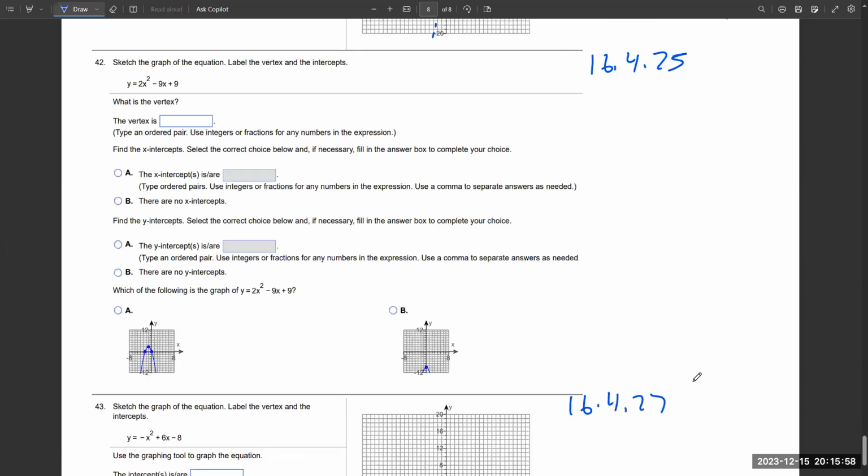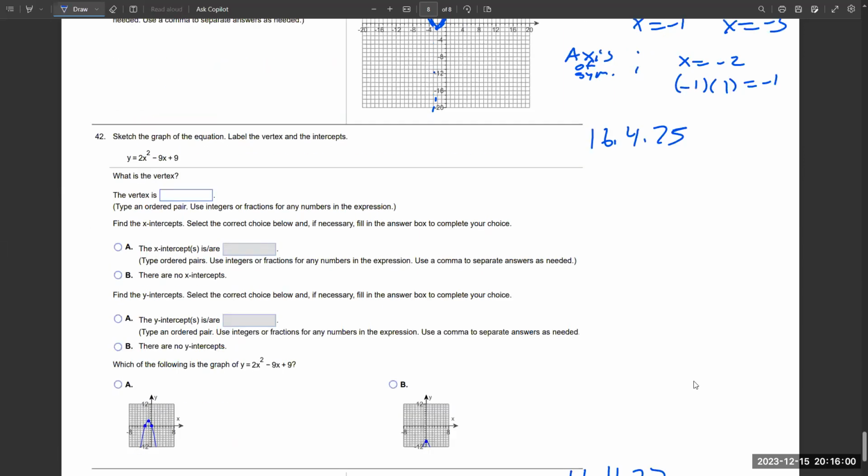All right, this one gets a little harder because it has a leading coefficient that isn't 1. So let's complete the square here. Half of my middle number squared is going to be 81 over 16.